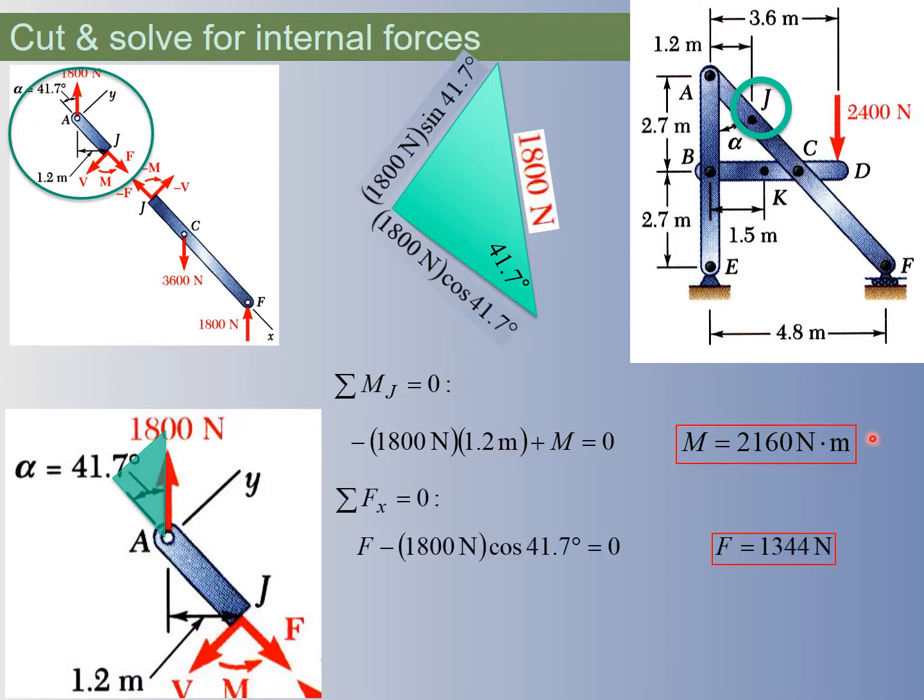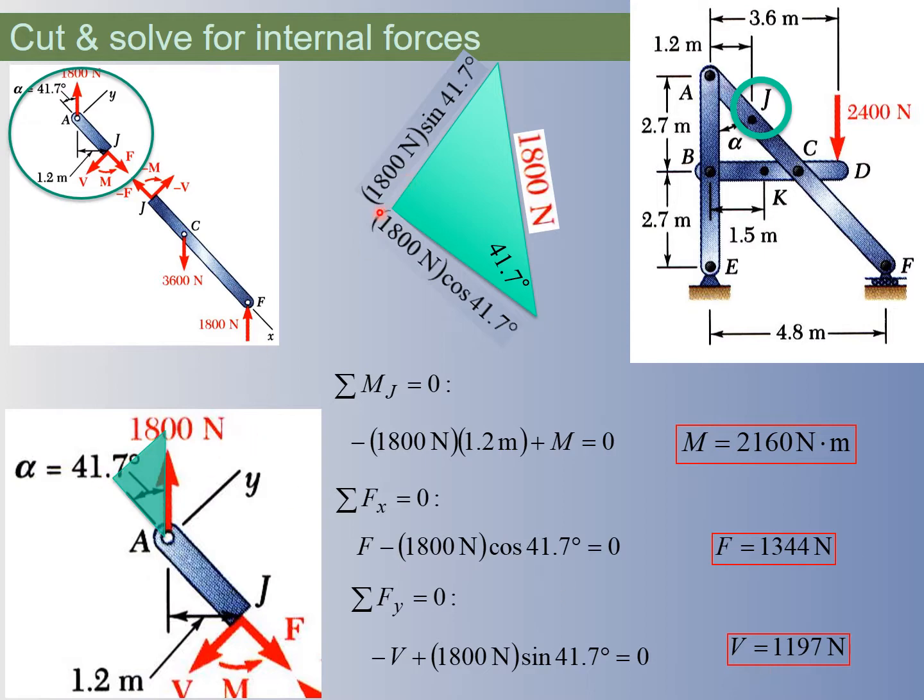In the x direction, so this is in the axial direction, and we're looking at the cosine theta piece of that 1,800. So there is our axial force. And in the shear direction, remember when the shear is pointed down, we're actually going to call that positive.